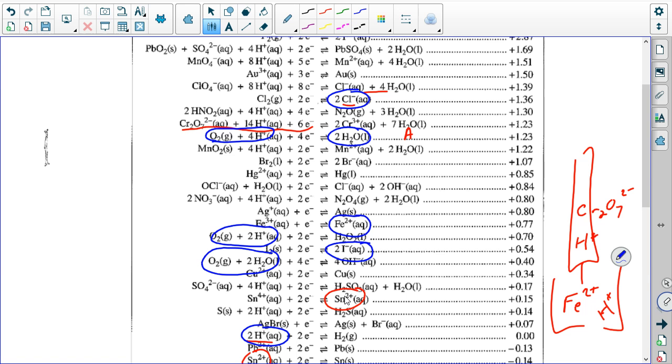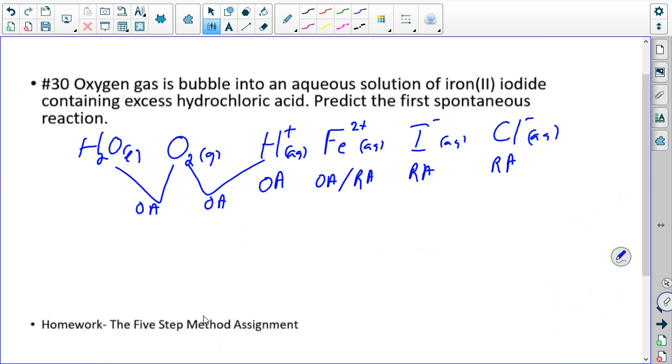Which one of those is the strongest reducing agent? The iodide ion. It's lower on the table. So this here is our strongest.